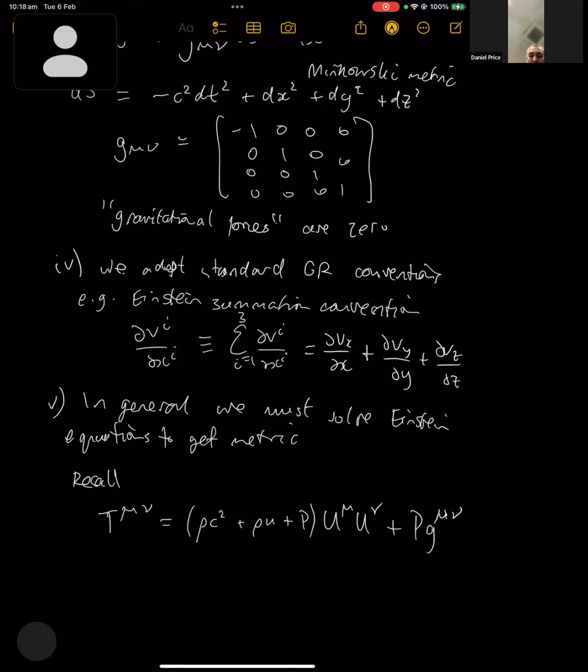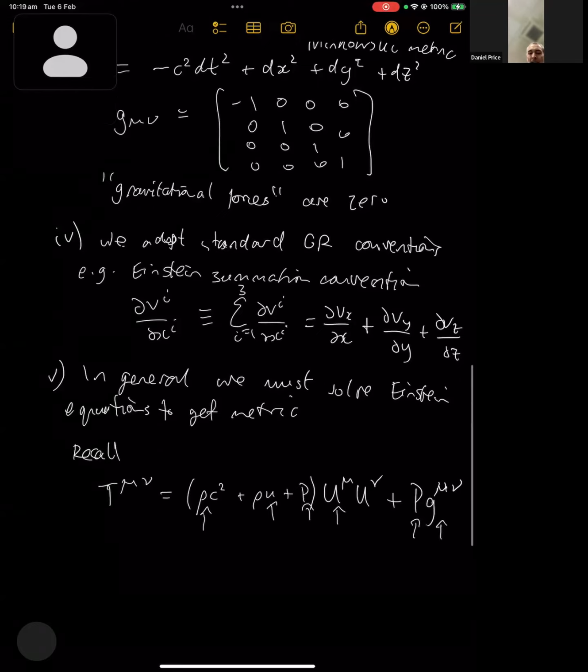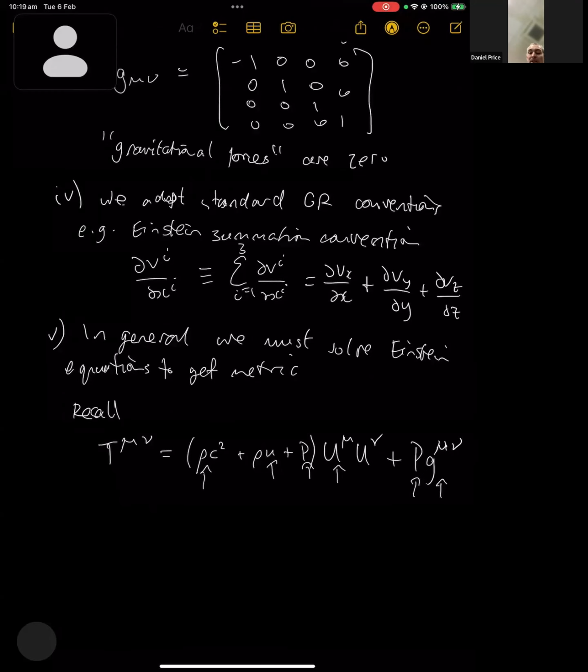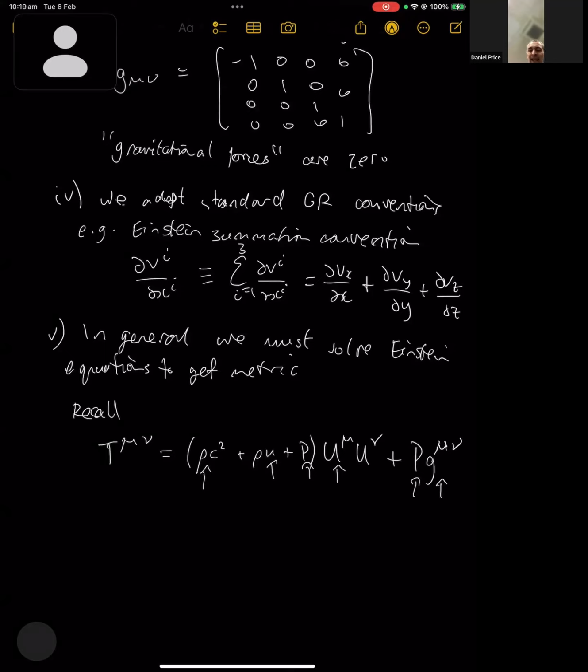So in general, to know the right-hand side of our Einstein equations, we need to know the density, the internal energy, the pressure, the velocity, but we also need to know the metric itself. That's a little weird because Einstein's equations become very complicated, since gravity is involved on the right-hand side as a source term. So gravity kind of gives gravity, which is a bit weird, but okay.